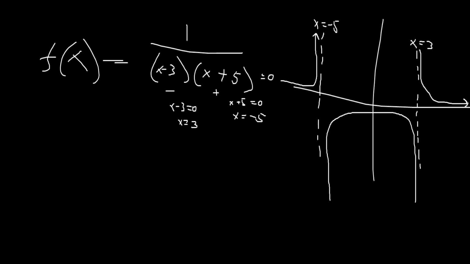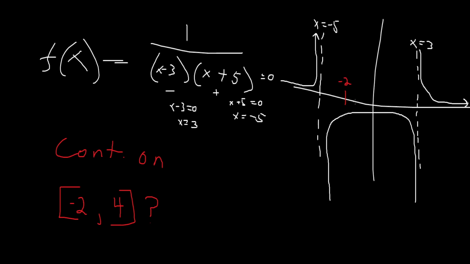So let's say we want to do a continuity check. We want to see if it's continuous on, let's say, from -2 to 4. So is it continuous there? We're starting off at -2. So here's -2, and we're going to check.